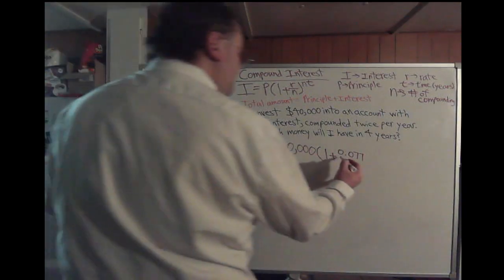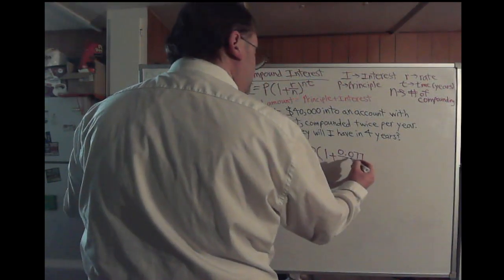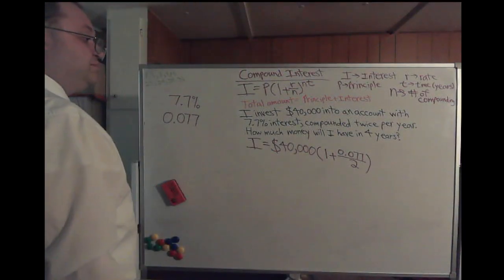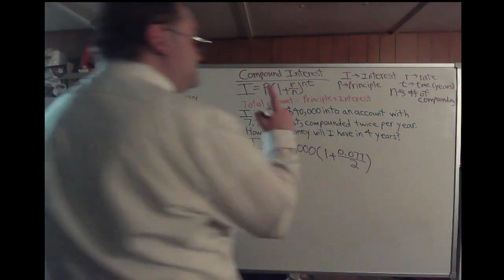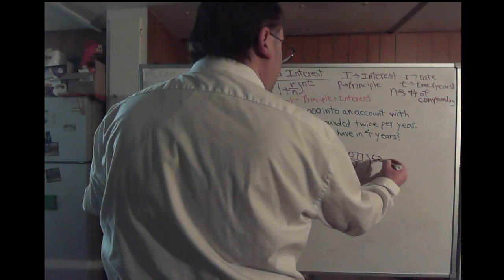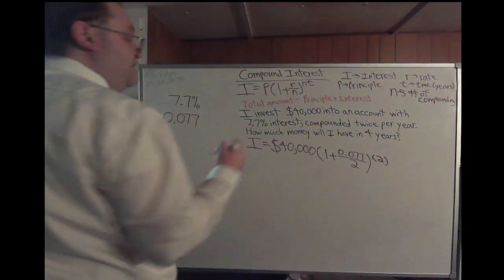Divided by the number of compoundings, well, that's 2. Suddenly this isn't so simple anymore. We're going to have fun putting this into the calculator. To the power of nt, which is, n is the number of compoundings, 2, times the time t in years, which is 4.